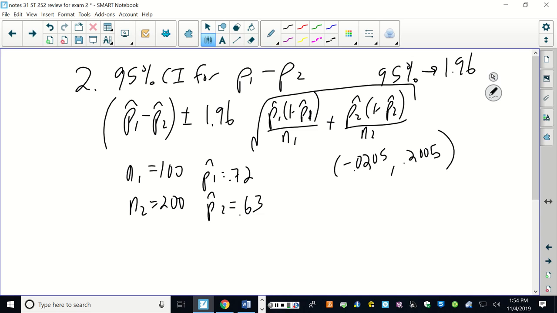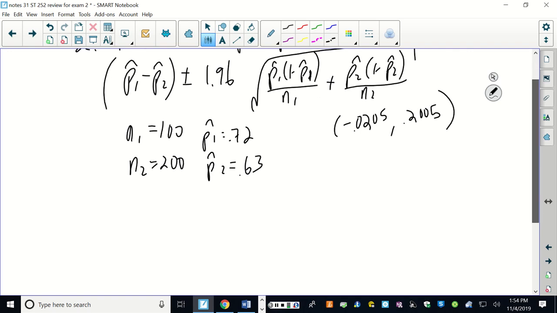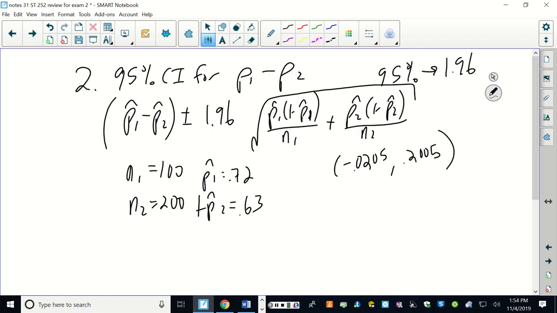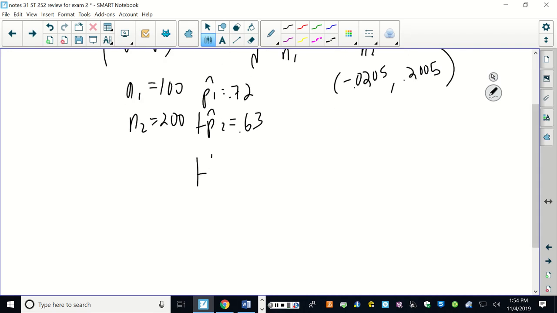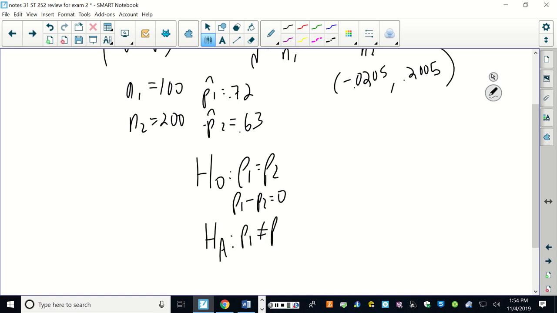So part C is to state the hypotheses. There are actually a couple of ways to go with this. One hypothesis could be that p1 equals p2, in which case the difference is 0, versus an alternative that p1 does not equal p2, so the difference is not 0.